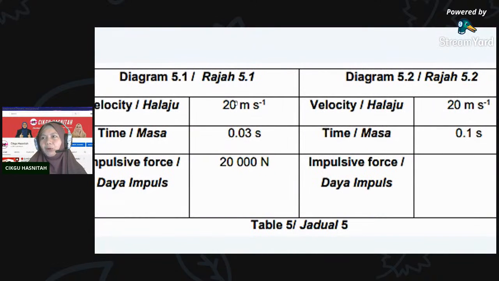She is jumping at velocity 20 meter per second and her landing time is 0.03 second. And the impulsive force produced is 20,000 Newton. And in B, she is jumping with the same velocity, but now the contact time is 0.1 second. So find the impulsive force here.